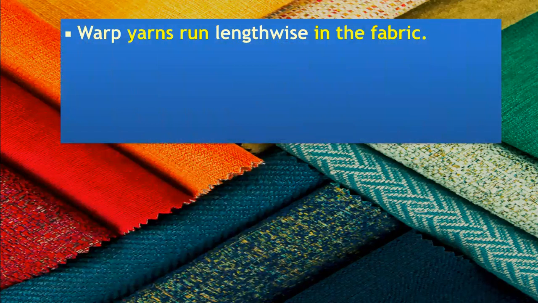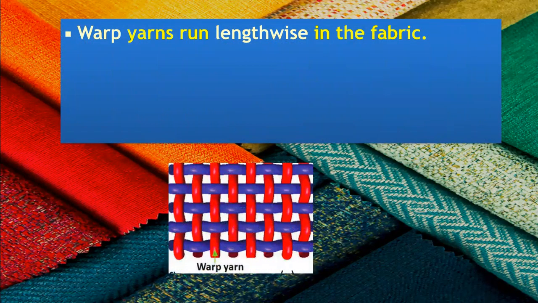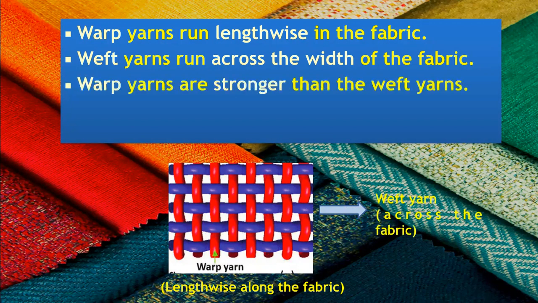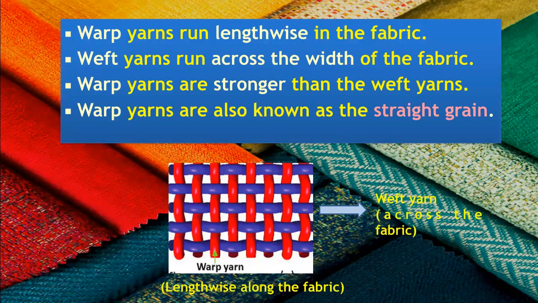Warp yarns run lengthwise in the fabric. Weft yarns run across the width of the fabric. Warp yarns are stronger than the weft yarns. Warp yarns are also known as a straight grain.